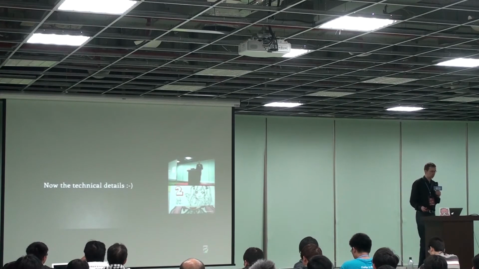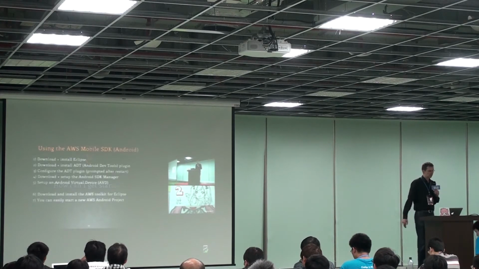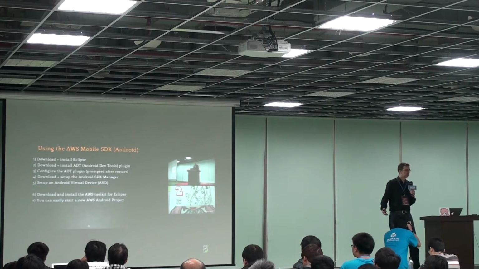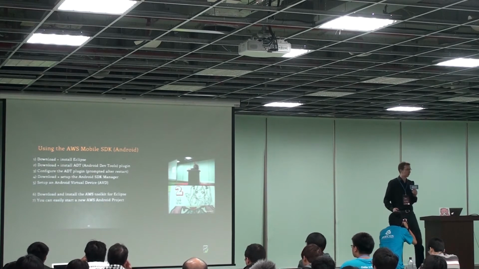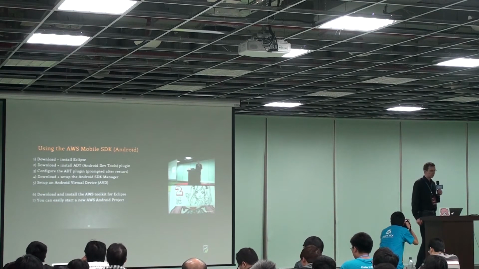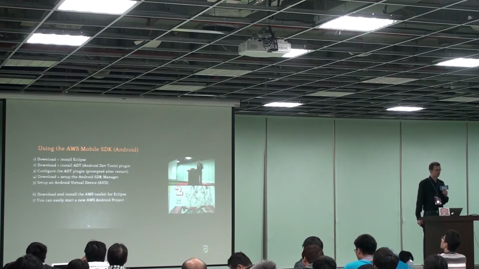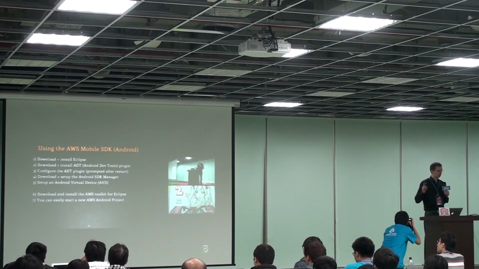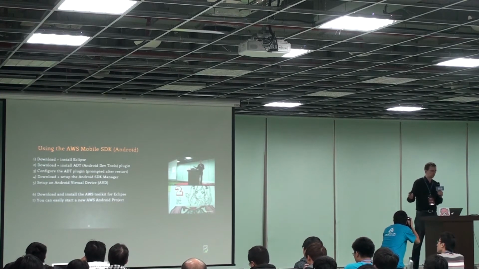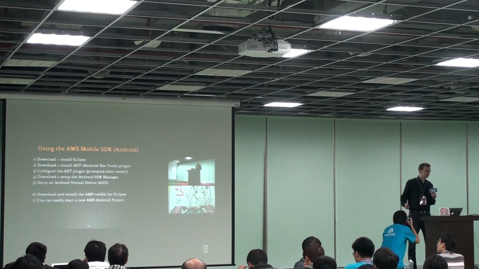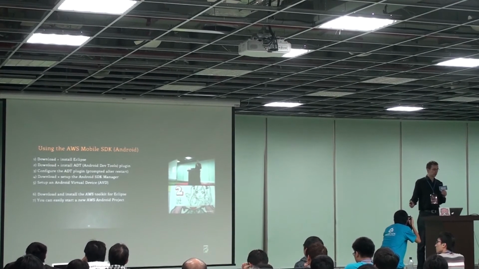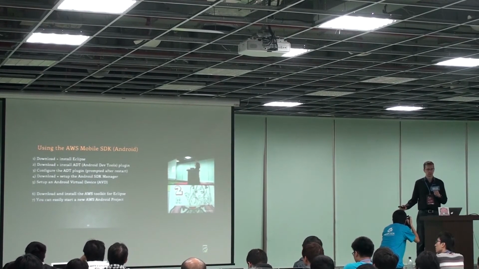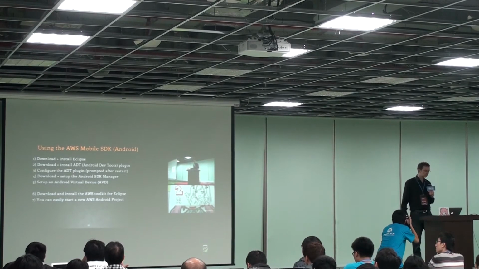So basically what you can do is that you can download Eclipse if you want to use that to develop Java, which is quite common. Here's an example how you can start developing Android applications using the Amazon Mobile SDK. So step 1, install Eclipse. Step 2, install the Android Developer Tools plugin. So this is for Android.